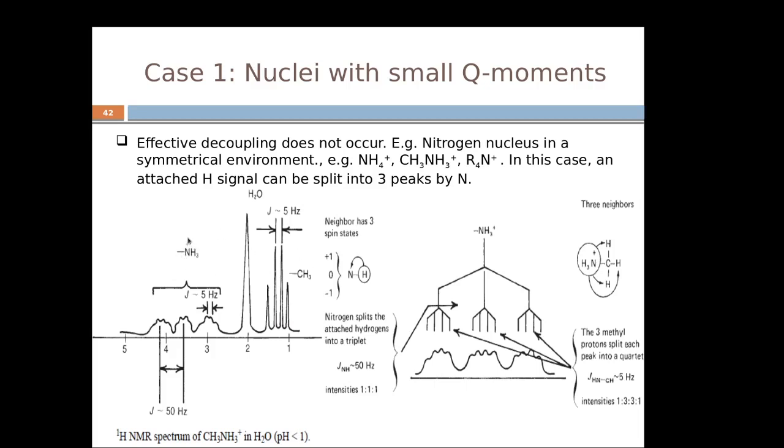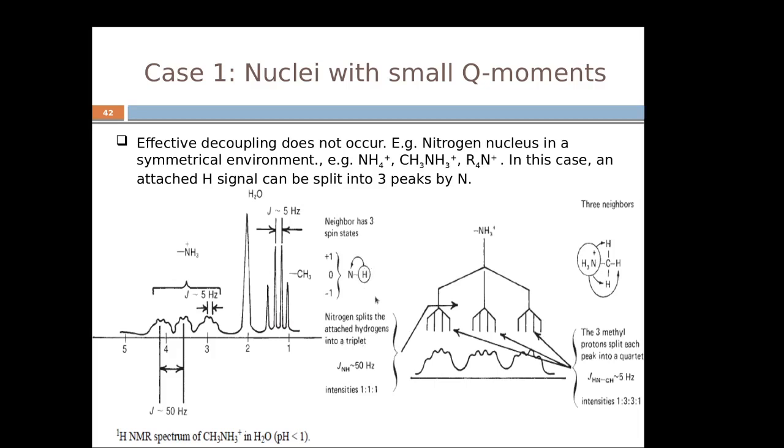Since this proton couples with its neighboring nitrogen, which has nuclear spin states of -1, 0 and +1 in the order of decreasing free energy, the NMR peak of this proton will be split into a triplet.